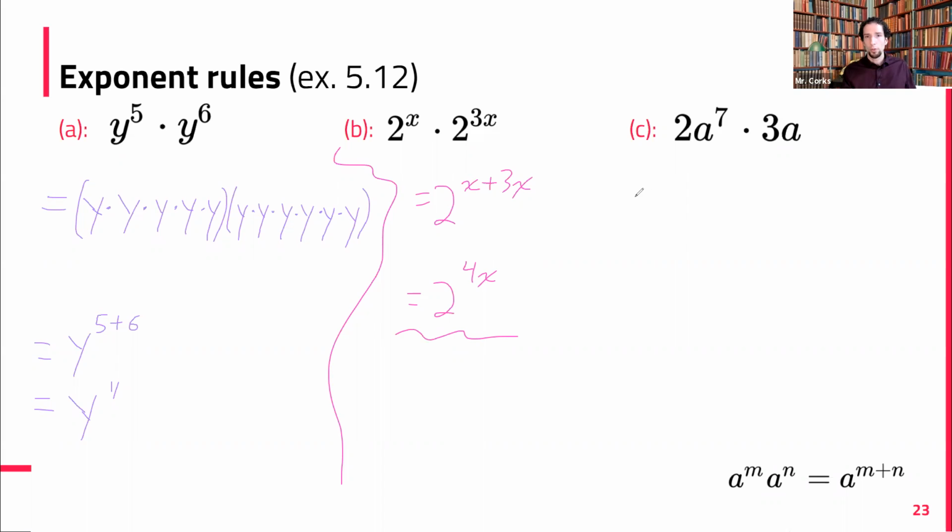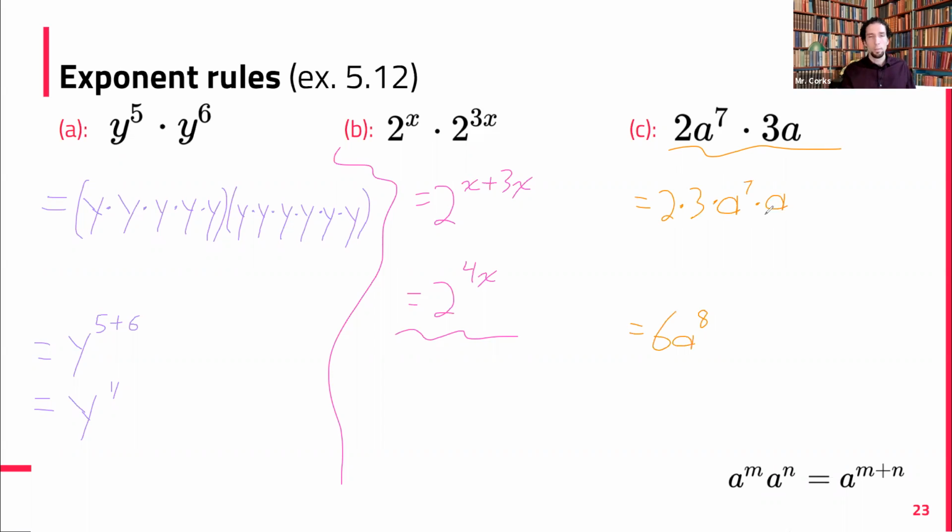And our third one here, how can we simplify? Is it 6a to the exponent of 8? Okay, 6a exponent 8. Because with multiplication, we can reverse the order, not matrix multiplication, the regular multiplication. So this is just 2 times 3 times a exponent 7 times a.